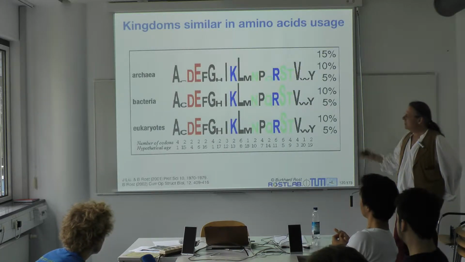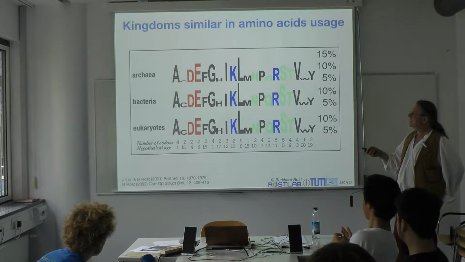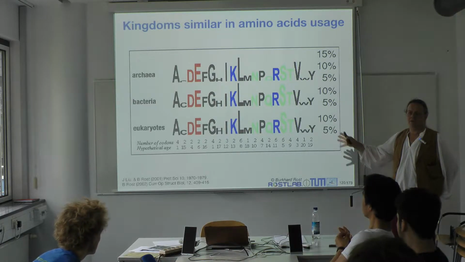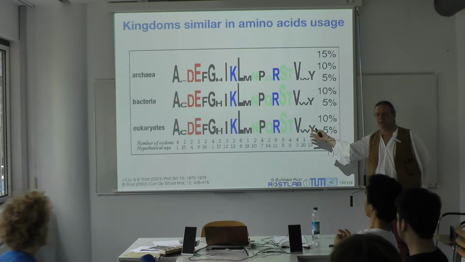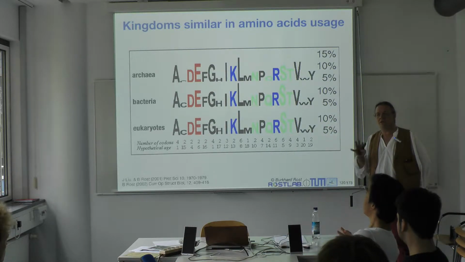When we look at the overall amino acid composition, height of the letter proportional to the usage of that amino acid, for the three different kingdoms it is similar. Now this is somehow surprising, isn't it? Because you do know about the GC bias of different organisms. So different organisms really use different codons.